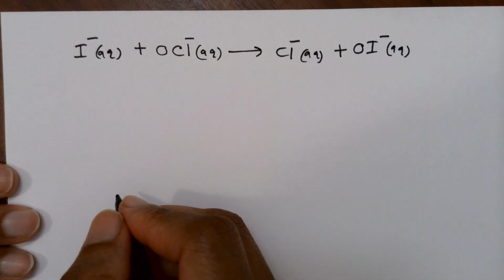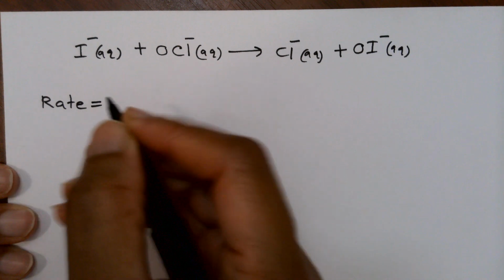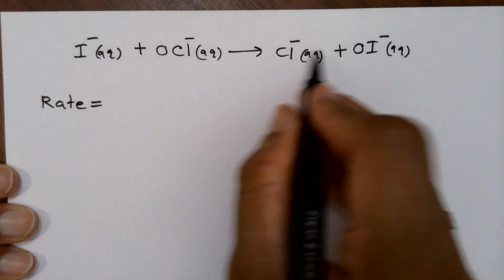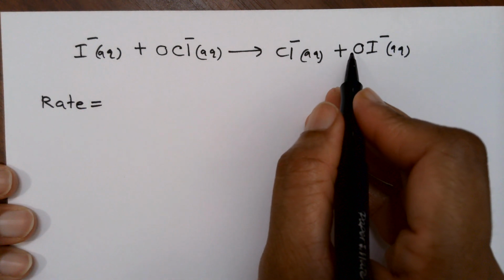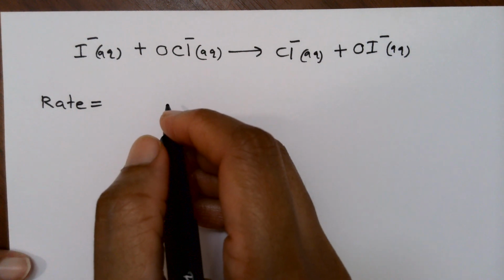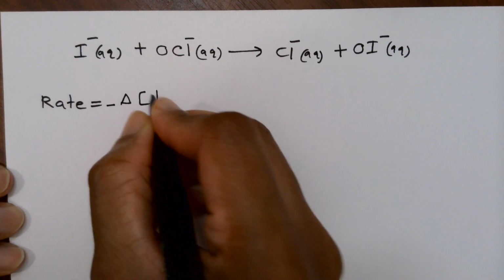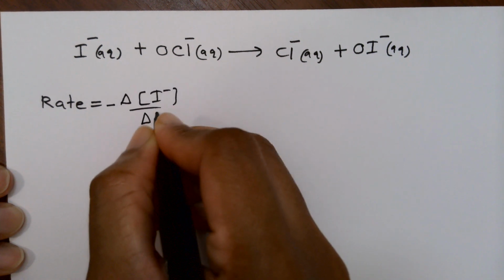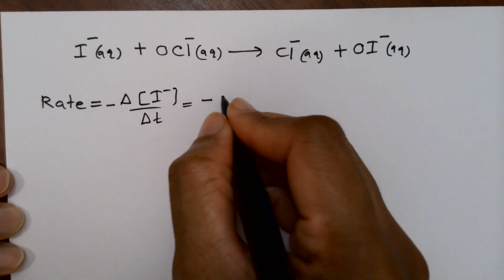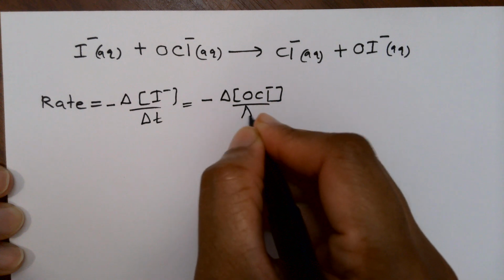For this chemical reaction, what is the rate expression? The reaction is already balanced. First, you need to focus on the molar coefficients. It's already balanced, so we don't need to balance the chemical reaction. So rate is equal to negative change in concentration of I minus with time, which is equal to negative change in concentration of OCl minus divided by time.